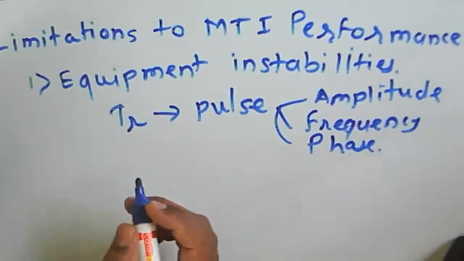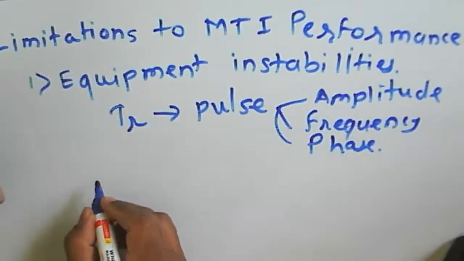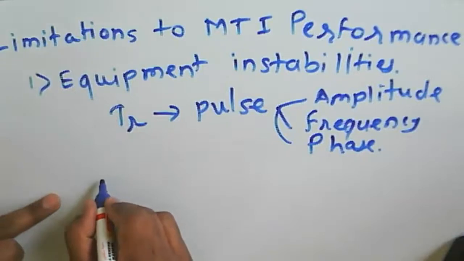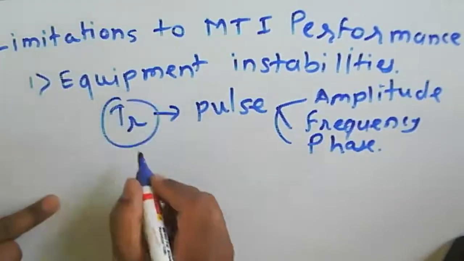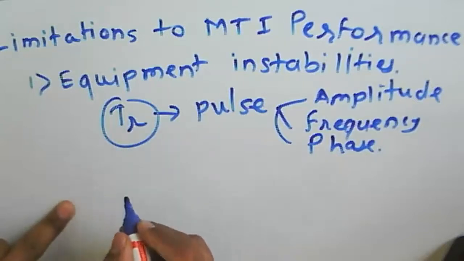Now, for this particular transmitting pulse, we are getting some echo from the stationary clutter.